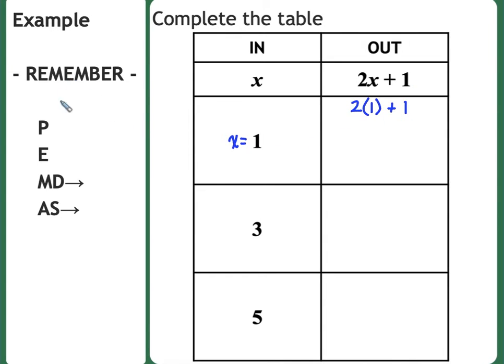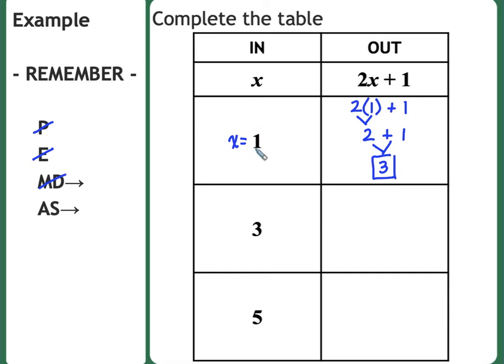And now we need to remember our order of operations and go ahead and evaluate. So there's nothing inside parentheses, no exponents. We do have to multiply and divide first, so we have to do 2 times 1 is 2 plus 1. Now we can add and subtract, and we get 3.